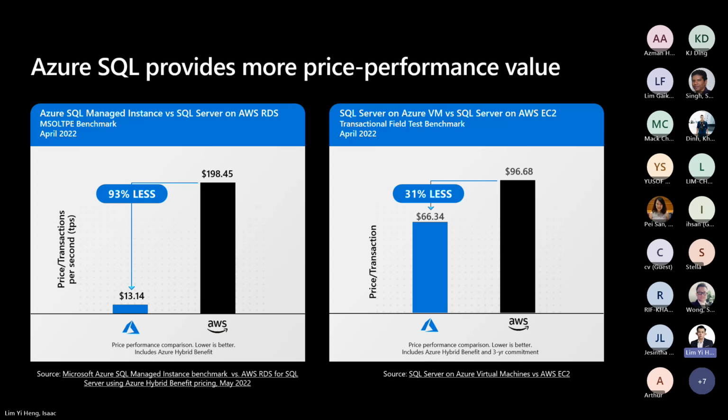And a recent report from an independent research firm concluded the following: Azure SQL Database meets the mission critical requirement up to 5 times faster, while the cost is actually 93% less than SQL Server on AWS RDS. And SQL Server on Azure Virtual Machine has up to 42% higher transactions per second, and the cost is actually 31% less than SQL Server on AWS EC2.